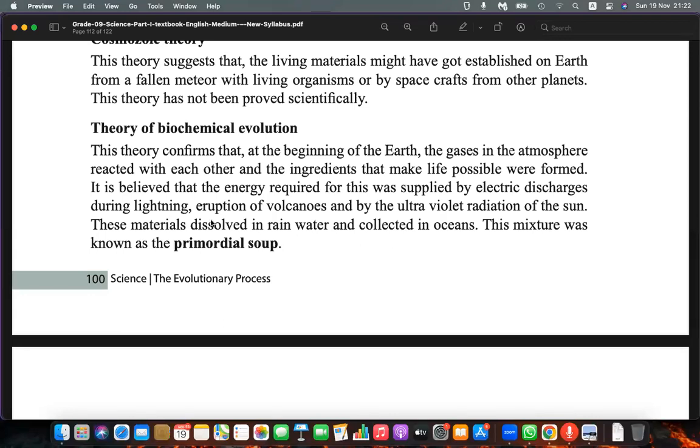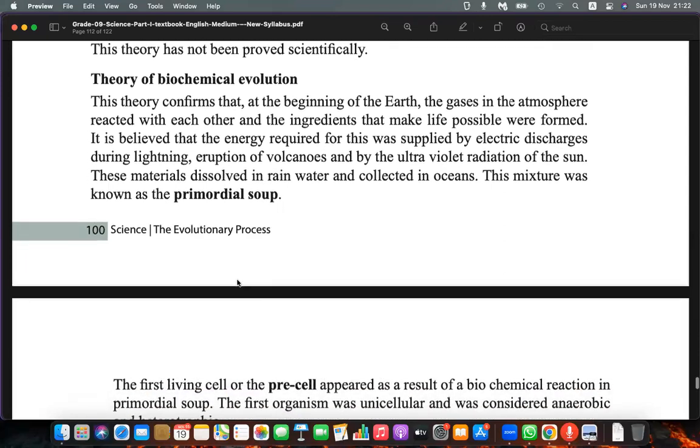These materials dissolved in rain and water and collected in oceans. This mixture was known as the primordial soup. The primordial soup contained the energy and the components needed for life to arise.